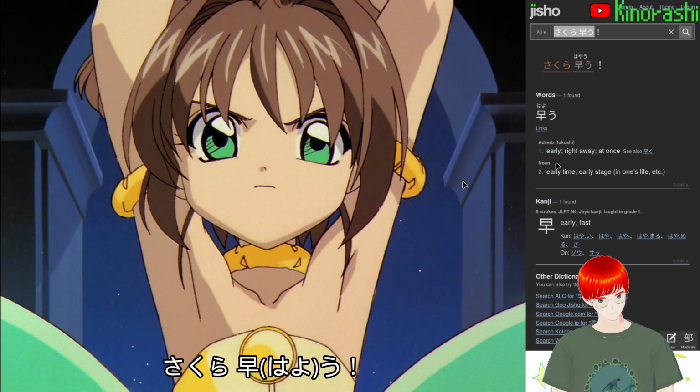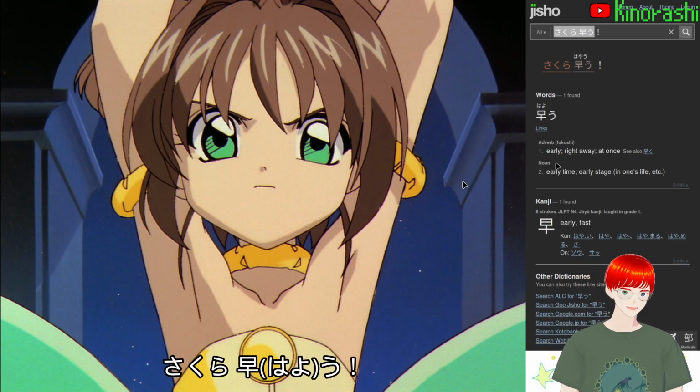Usage: you will frequently hear it with greetings like hayo yo, or a very casual good morning equivalent to ohayo, and phrases like hayo kaete. Good nuance. It sounds slightly more old school or rural depending on the specific area of Kansai.